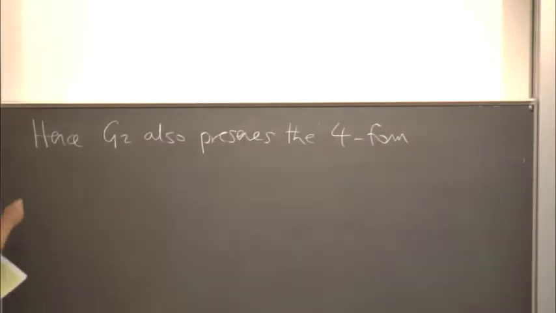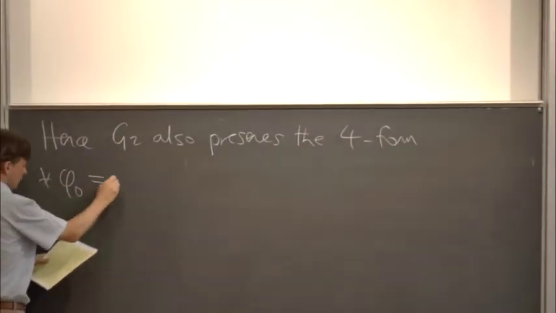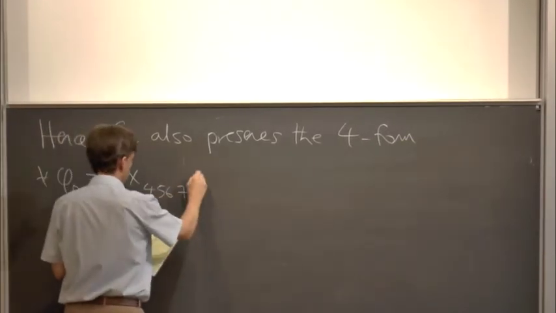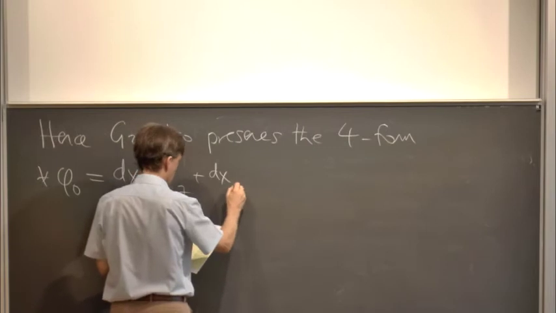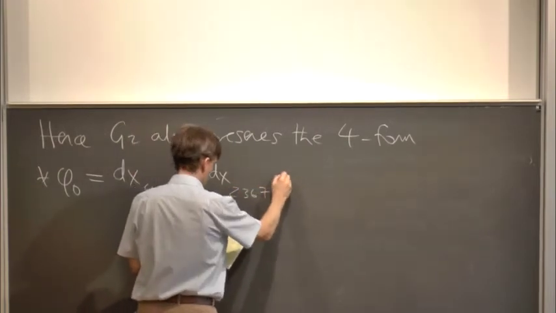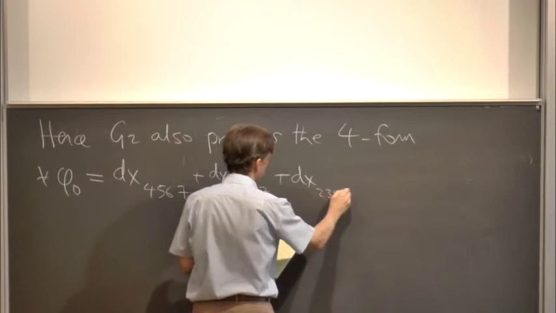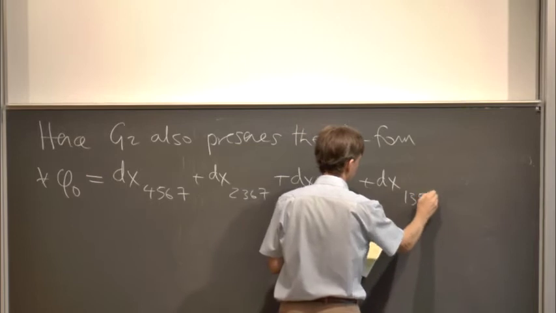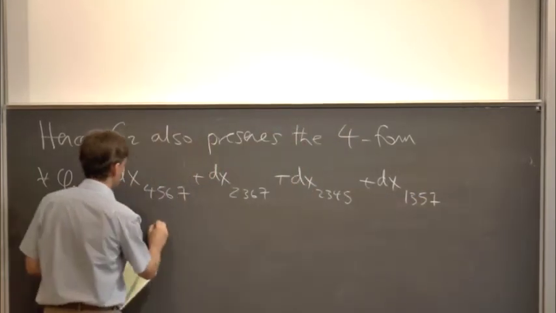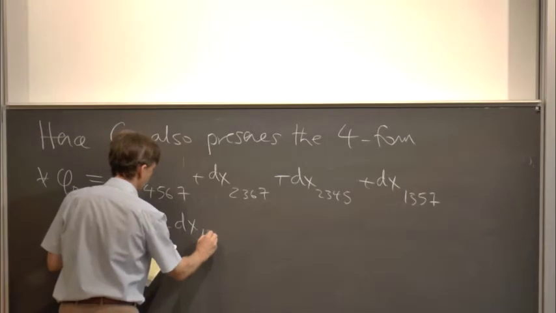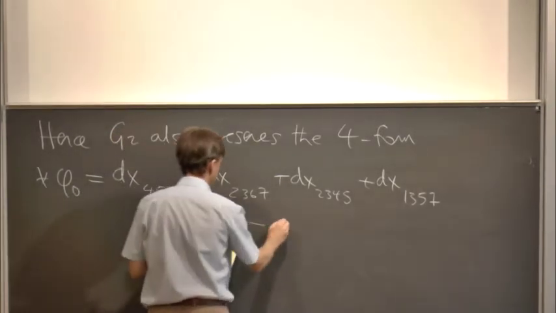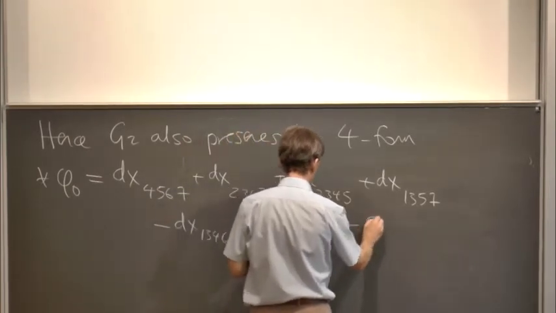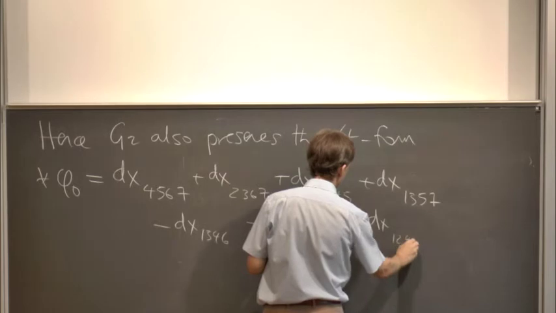It'll preserve star phi 0, which is dx 4, 5, 6, 7 plus dx 2, 3, 6, 7 plus dx 2, 3, 4, 5 plus dx 1, 3, 5, 7 minus dx 1, 3, 4, 6 minus dx 1, 2, 5, 6 minus dx 1, 2, 4, 7.